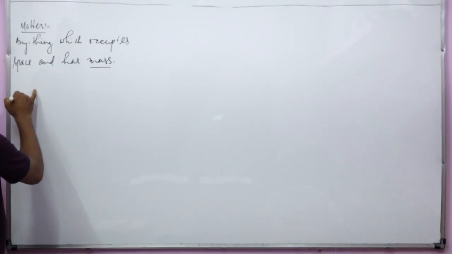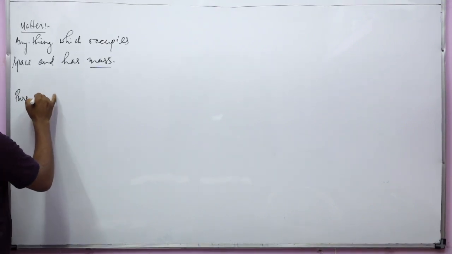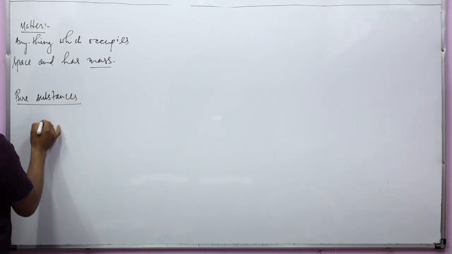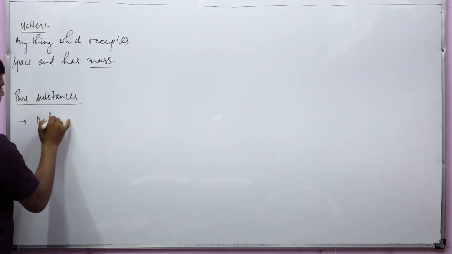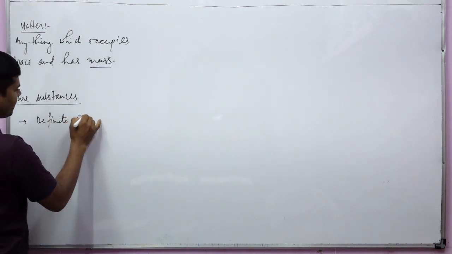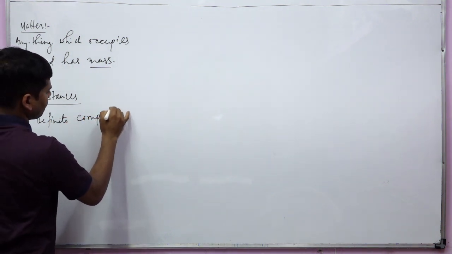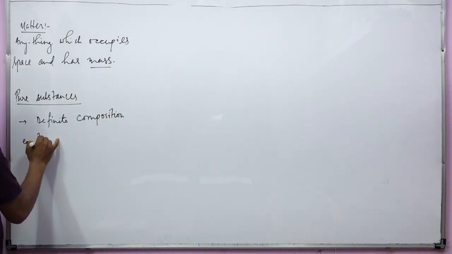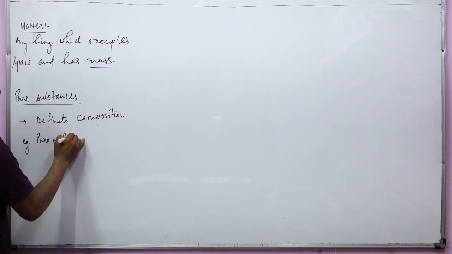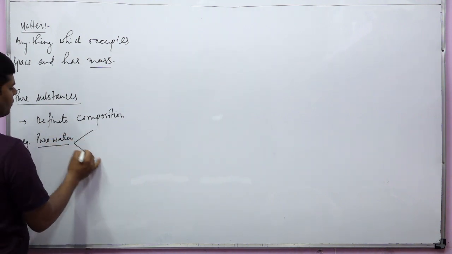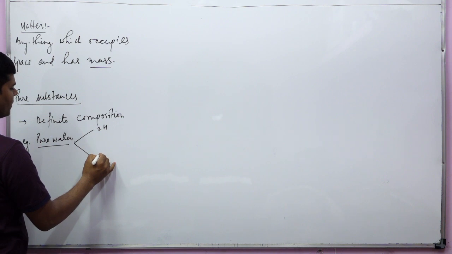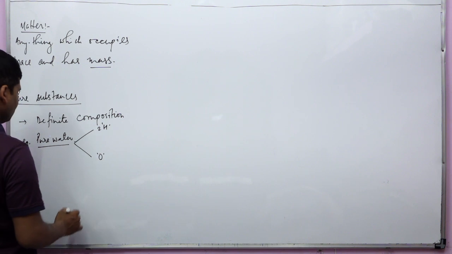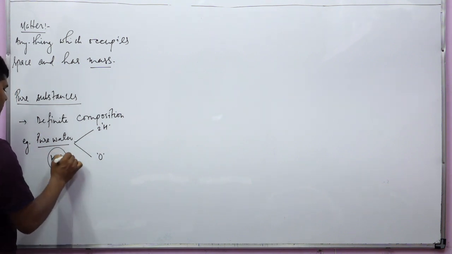Now, in case of matter, we came across pure substances. Pure substances means they have definite composition. For example, if you take pure water, it is composed of two atoms of hydrogen and one atom of oxygen, and we call it H2O.